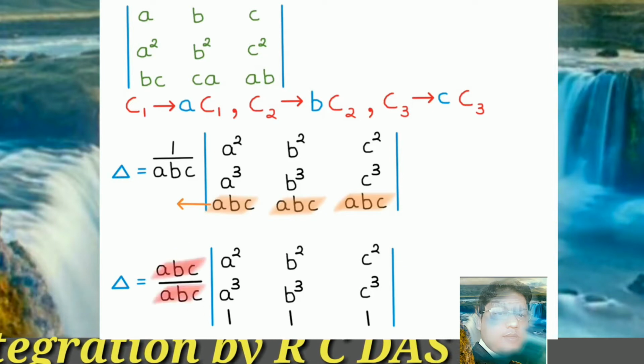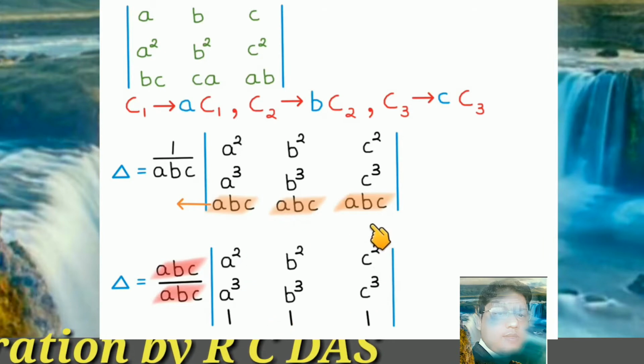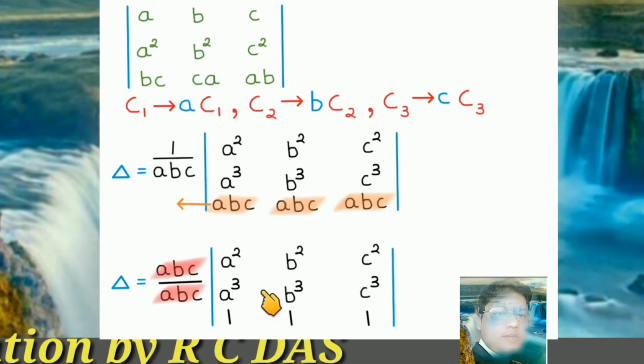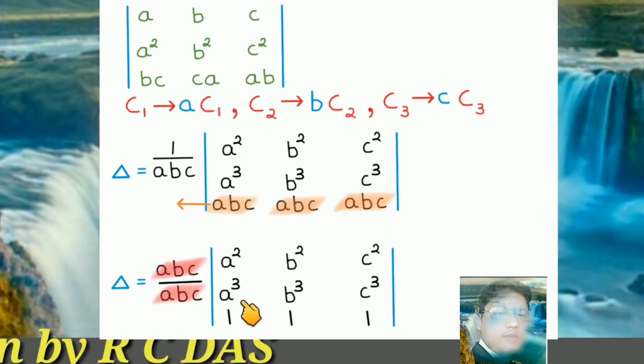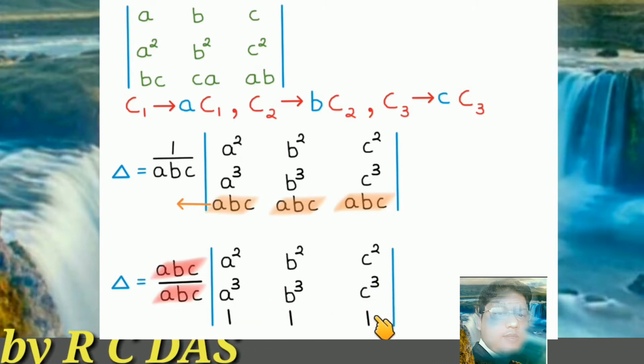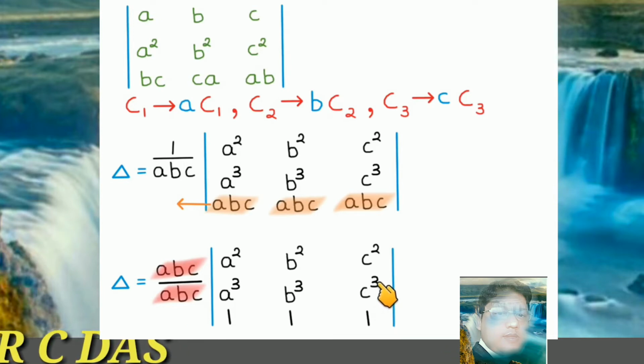So, my dear students, I get these parts, but the right side is not obtained yet. So I have to interchange R1, R2 and R3.